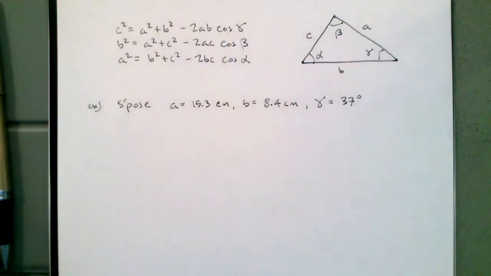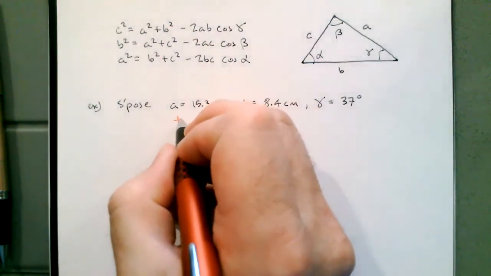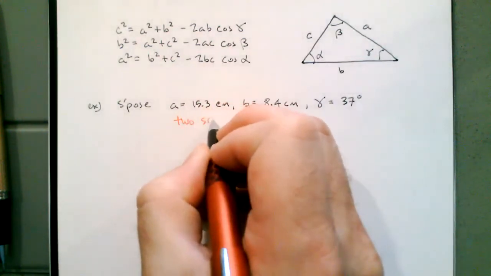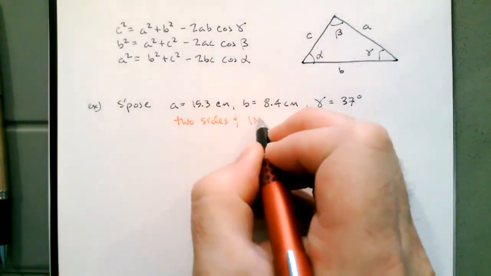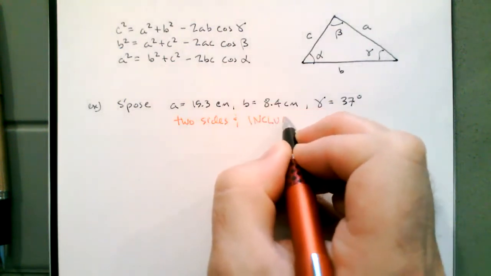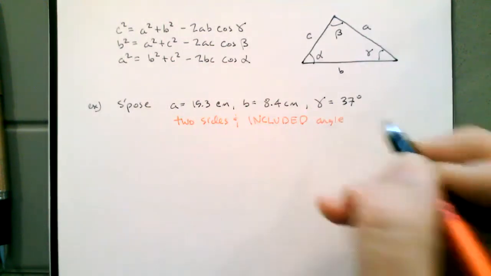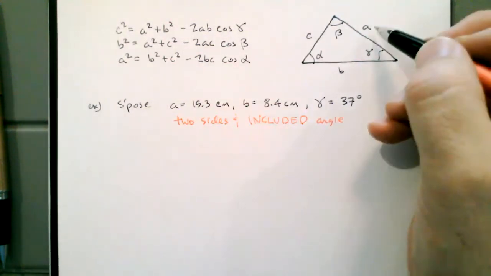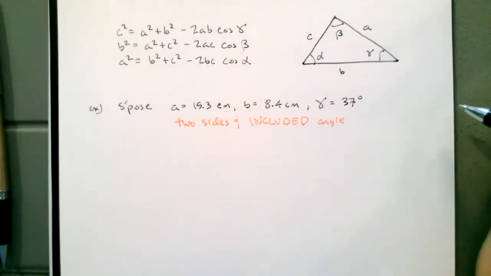So this set of information is two sides and the included angle. Because I have side A, side B, and angle gamma is the angle that's included in sides A and B. Two sides and the included angle.